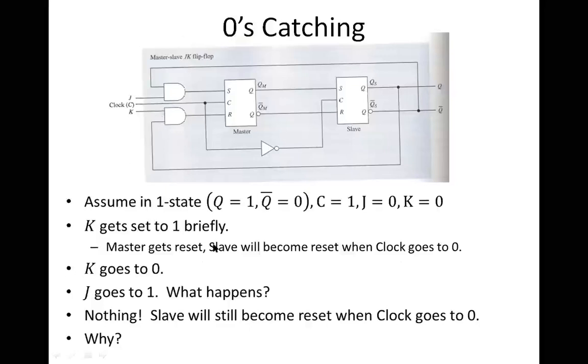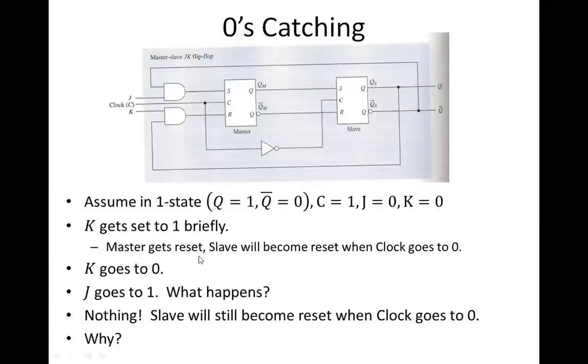Which means just for a small amount of time, my K is actually 1. Why was it 1? Because 1 was already available here, isn't it? So this 1 will come here. For just a small amount of time, the 1 will be available at the gate.